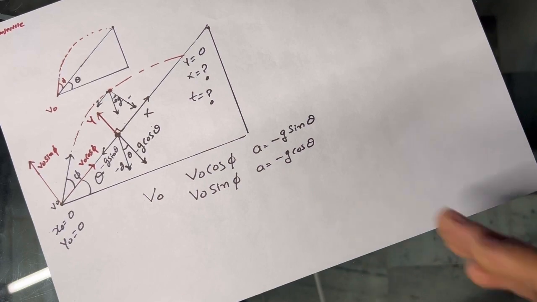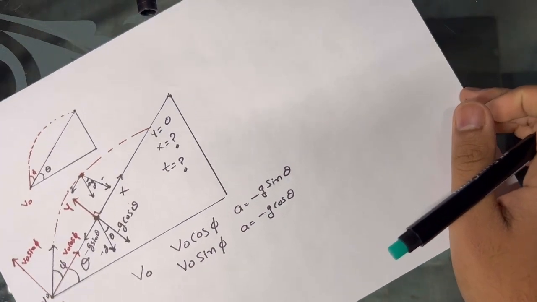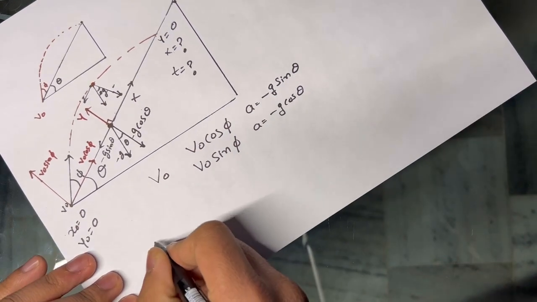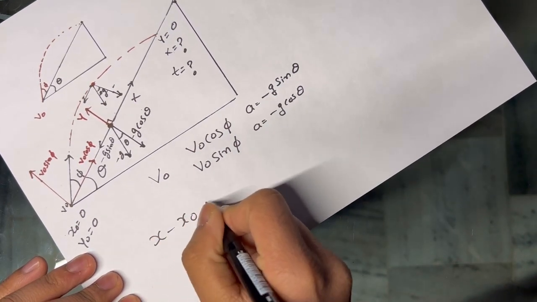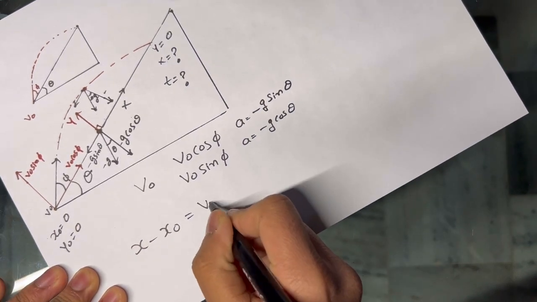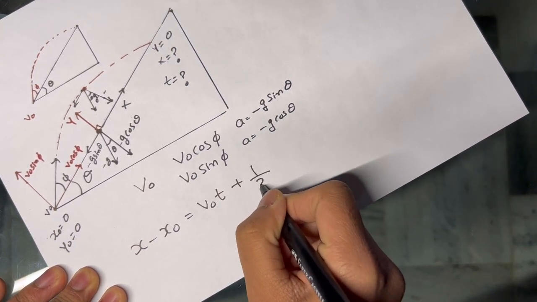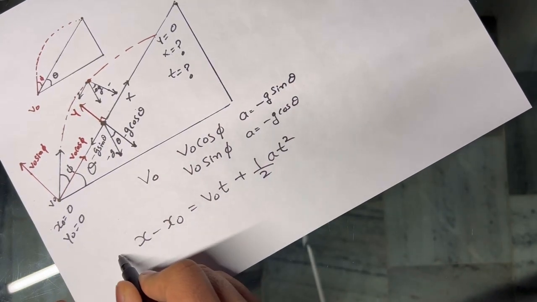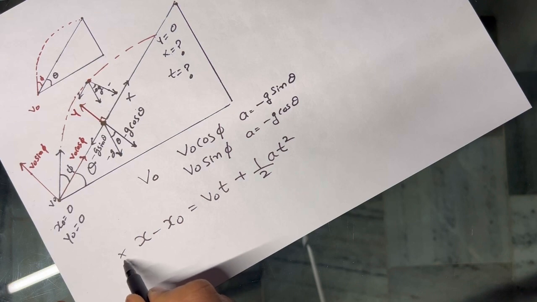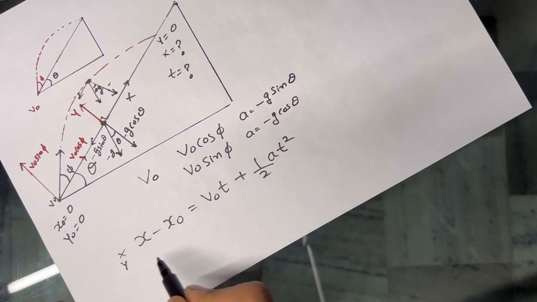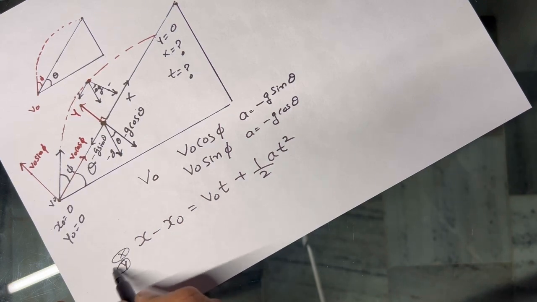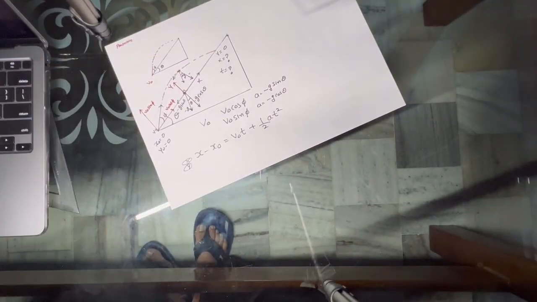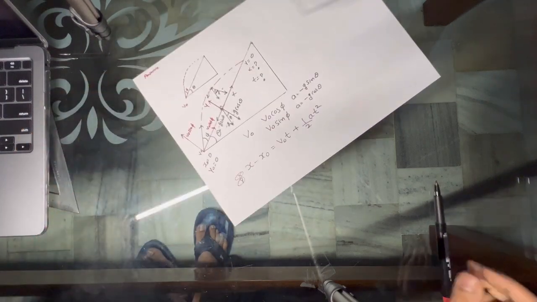As we know, we have an equation for the distance: x minus x naught is equal to initial velocity v naught times time plus half acceleration times t squared. We will use this equation for calculating both x and y distance. Let's start with x, then we'll go to y. I think this is much clearer now.